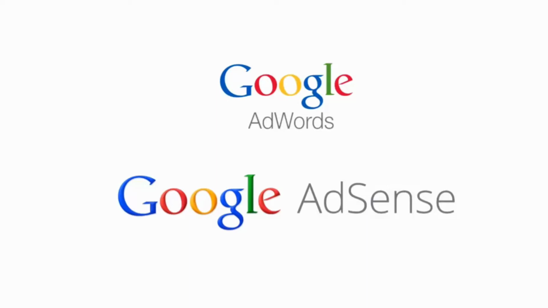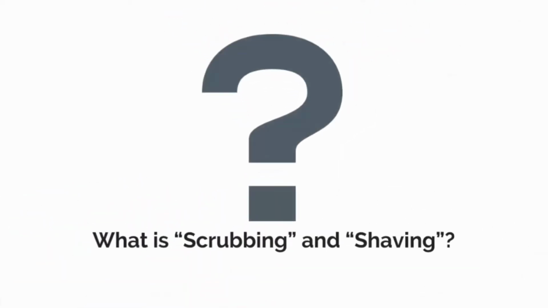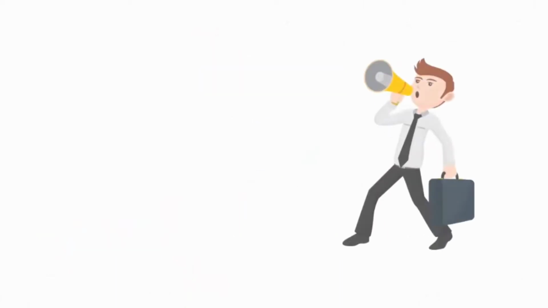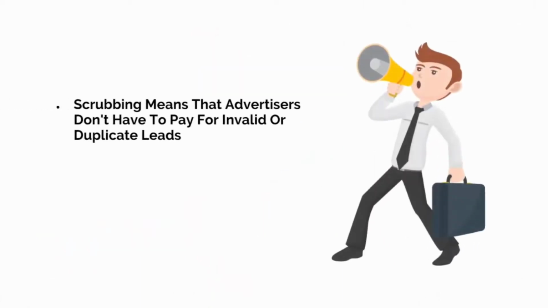When paying only for your acquisitions or leads rather than per click, you may need to know what scrubbing and shaving means. Scrubbing means that advertisers, in other words you, don't have to pay for invalid or duplicate leads. So if you're paying for every person who signs up for your newsletter, then scrubbing means looking for instances where the same person has signed up twice or where they've signed up with a fake email.